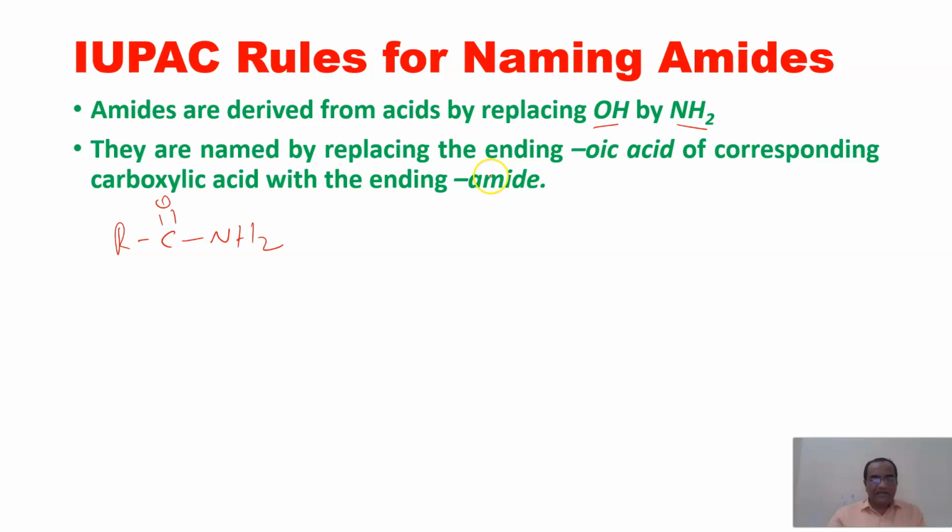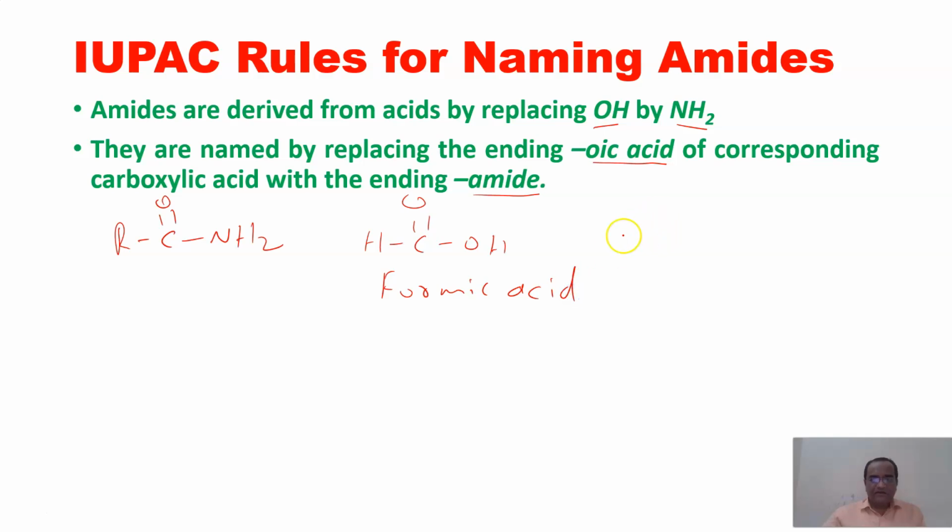And by replacing that, we have to replace the ending oic acid, and we have to write amide. For example, I will take this as a carboxylic acid. This structure is of formic acid.